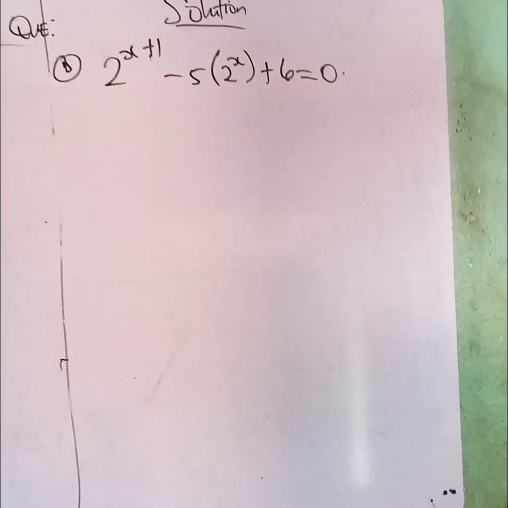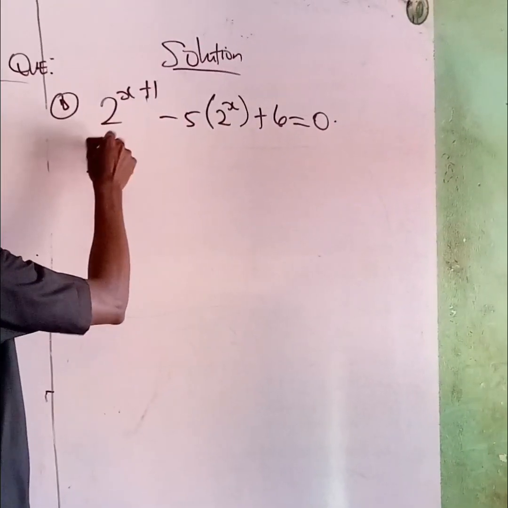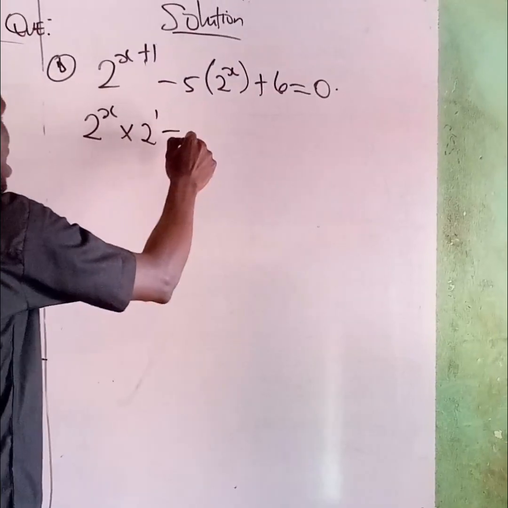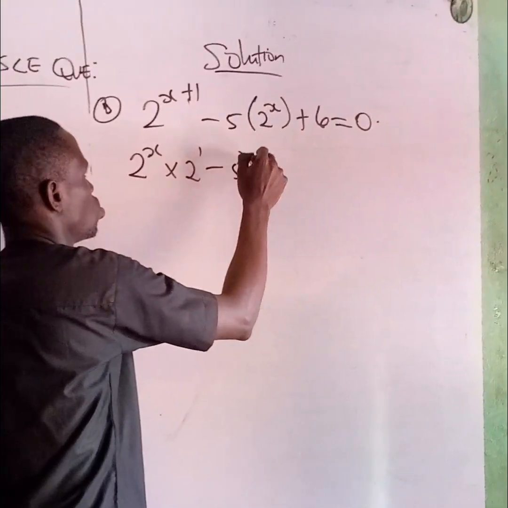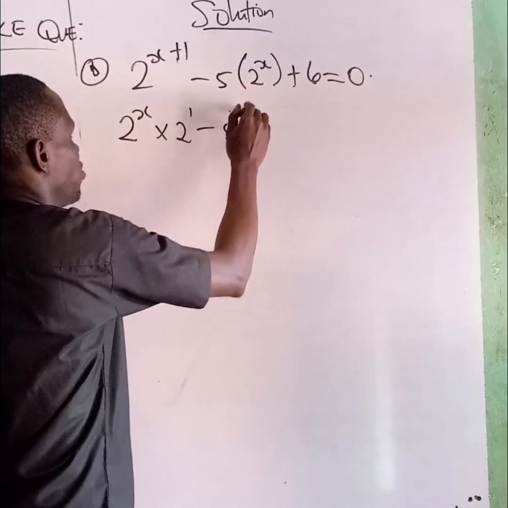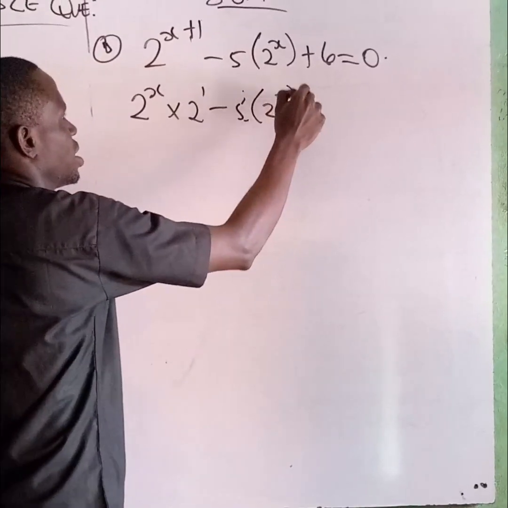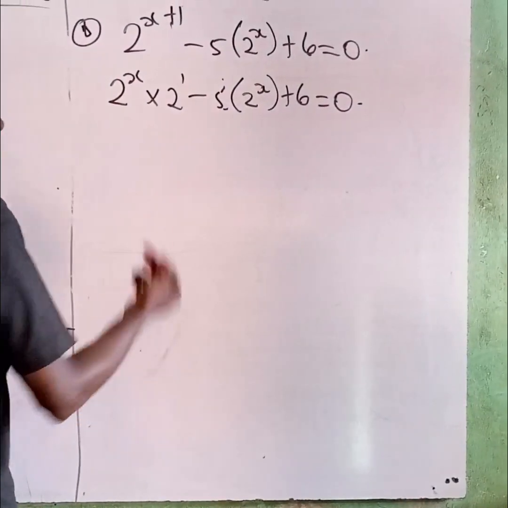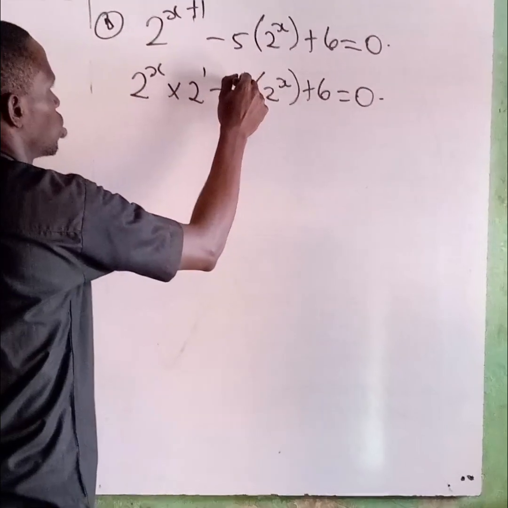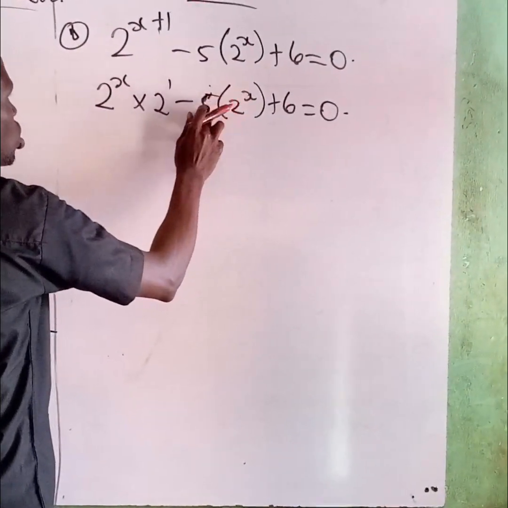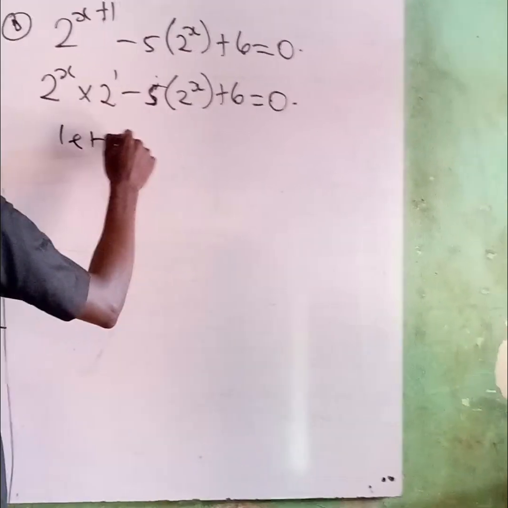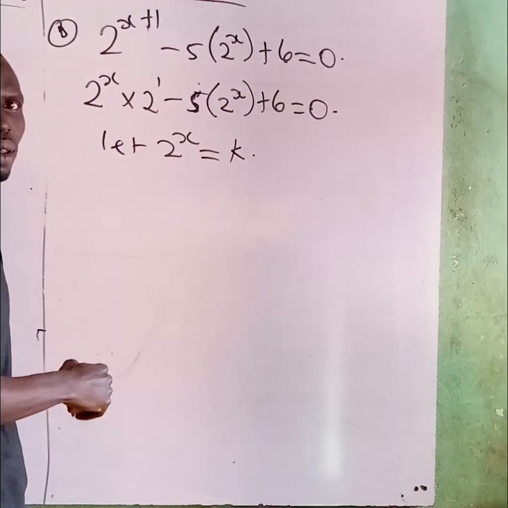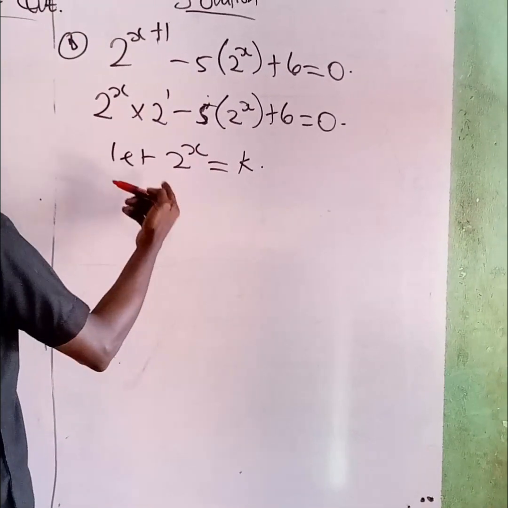So we are going to do here. This is 2 raised power x times 2 raised power 1 minus 5 into 2 raised power x plus 6 equal to 0. So we say let 2 raised power x equal to k, as we did the last time.